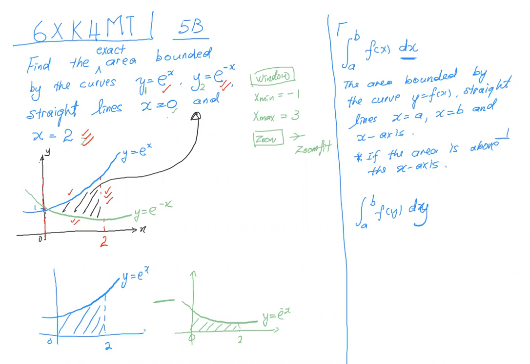So the blue area minus the green area will give me the black area, am I right? Okay, so now please find the exact value for this by yourself. As long as it involves x, then I can use this formula, am I right? So please do that.